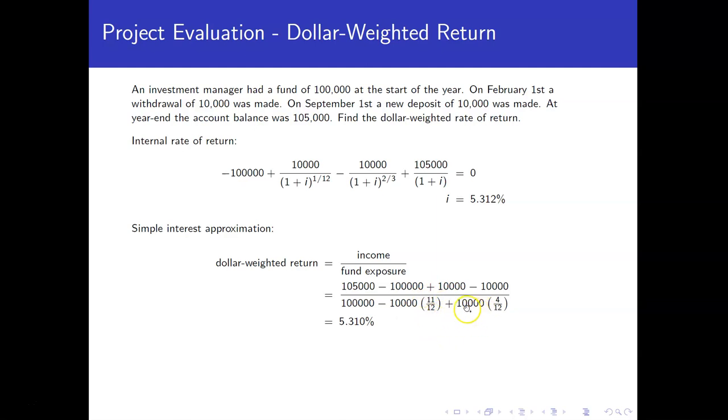This $10,000 was put in after 8 months, so for 4 months out of the year, we get an extra interest on this $10,000. So that's why these signs are the way they are, and that's where those times are coming from. And if you do this calculation, you get 5.31%, which is really close to the interest rate that we saw above, just by doing this using more advanced techniques up here.